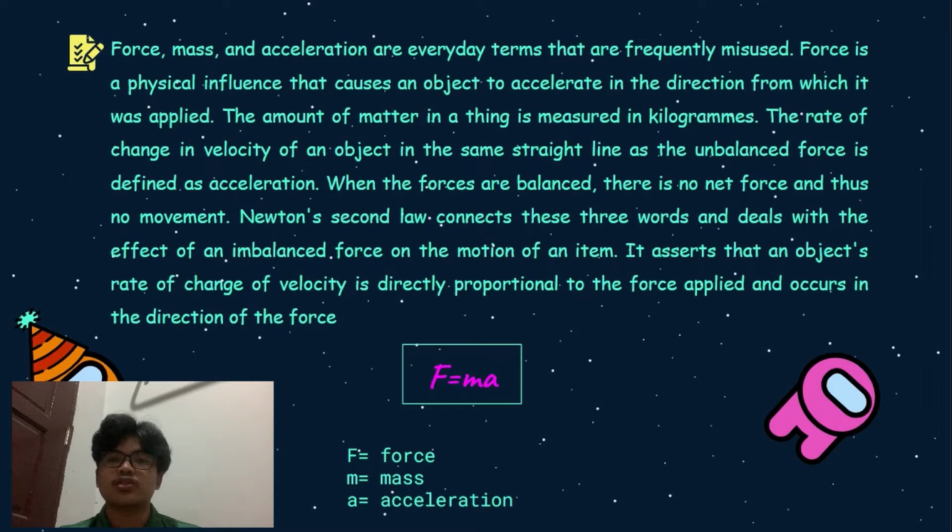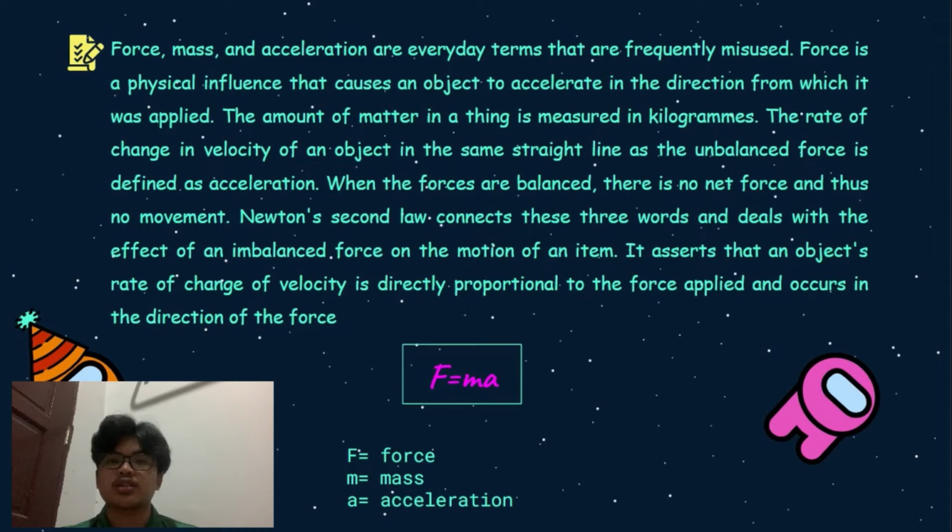So, Newton's second law connects these three words and deals with the effect of an imbalanced force on the motion of an item. It asserts that an object's rate of change of velocity is directly proportional to the force applied and occurs in the direction of the force.